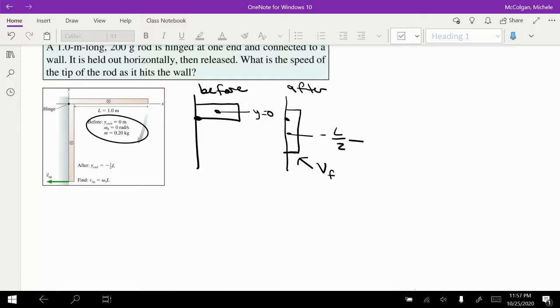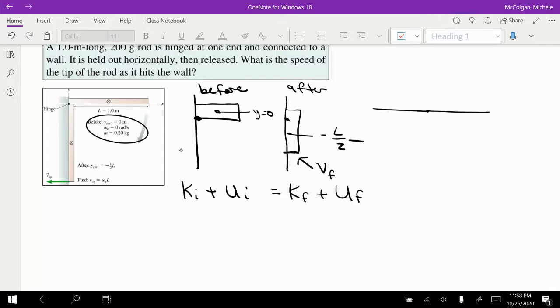Okay, so we're going to start here, and we're going to write right under here that K initial plus U initial is equal to K final plus U final. We can also do our free body or our energy bar chart.